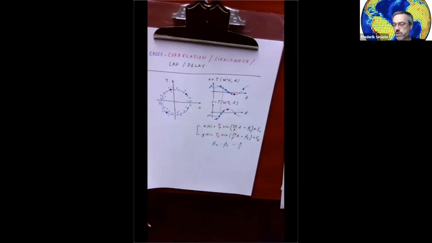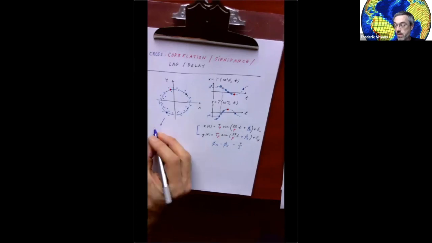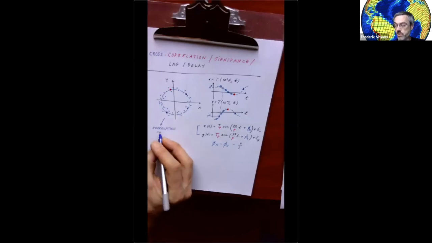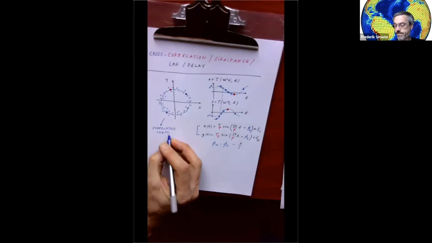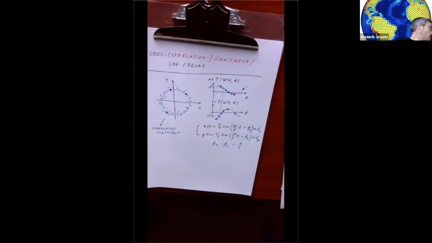But you also know that if I plot the correlation coefficient, first of all, let me write it, the correlation coefficient as defined multiple lectures ago. And I'll reach for my notes here.